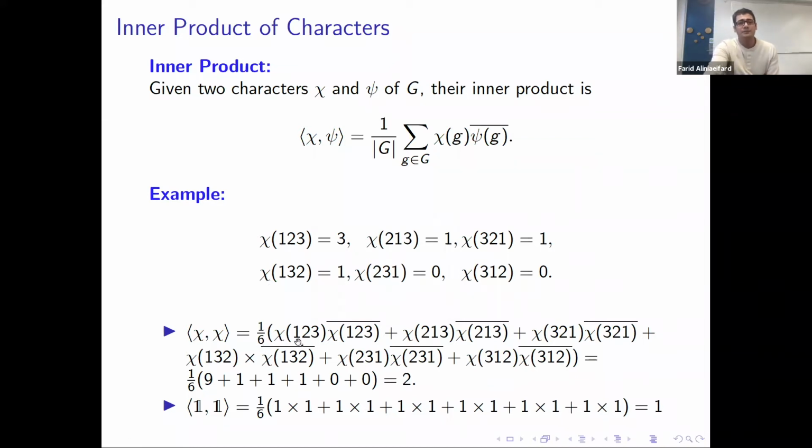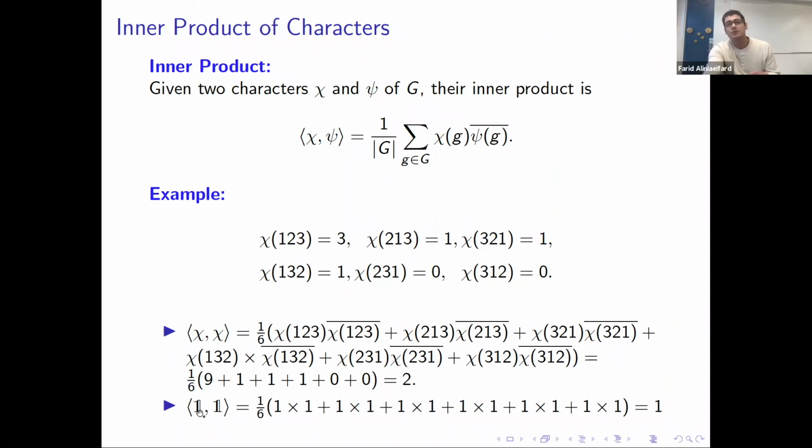Then chi of (1 2 3) times chi of (1 2 3) conjugate, then chi of (2 1 3) times chi of (2 1 3) conjugate, until the end, all of the elements in S3. We will see that chi of (1 2 3) is 3 and its conjugate is 3, so I put 9 here. Then I go to the next one, which is 1 times 1, and I go to the end. So it's 1/6, and this sum is 12, so this is 2.